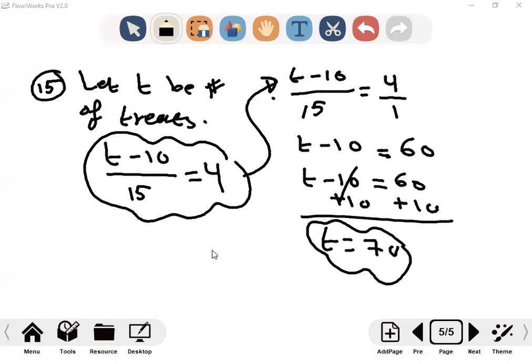Four treats. Done? Done. Now we are done with the two problem solving, right?